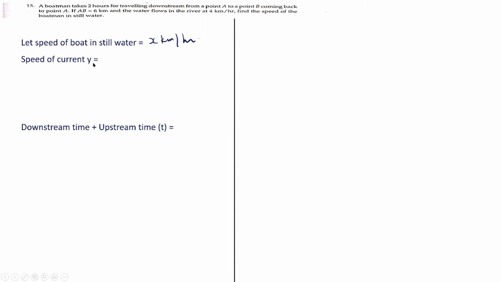Then the speed of the current y is given as 4 km per hour. Then the distance d is 6 km. Then we have the total time, that is the time taken to go downstream plus the time taken to go upstream. It is given as 2 hours.